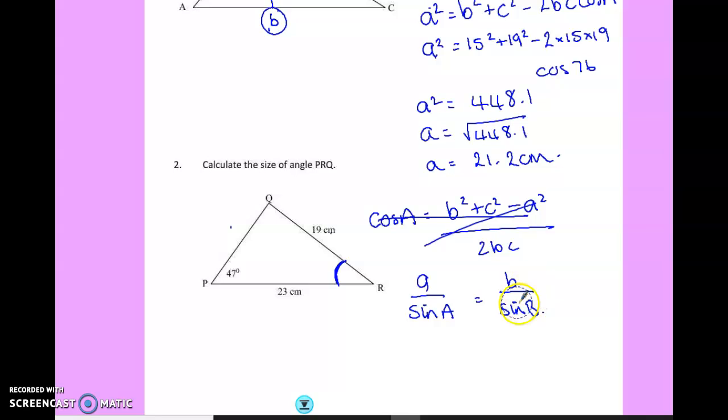Looking at the sine rule, it's all about pairings. So if I want to find that angle, I need to know the side opposite. So we have a problem here. I've got this pairing, I've got that angle, and I've got the side opposite. So I can work that out. What I can also do is work out this angle.